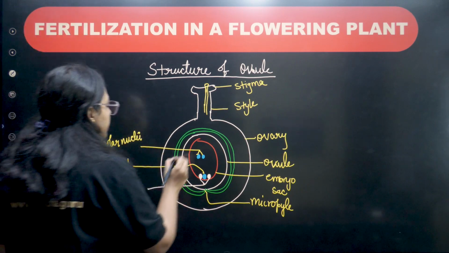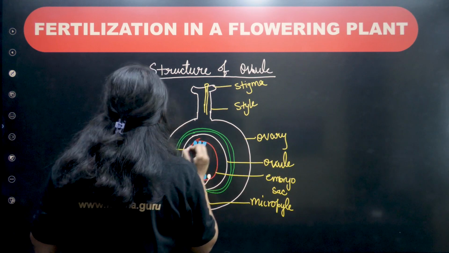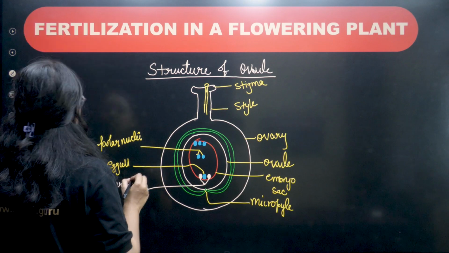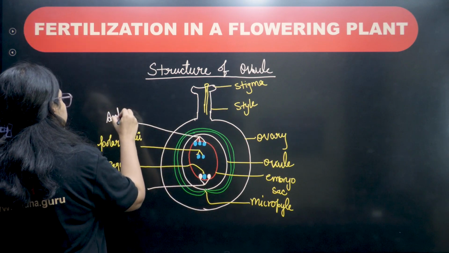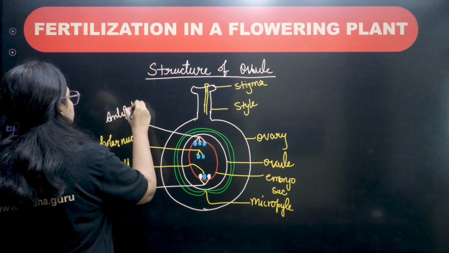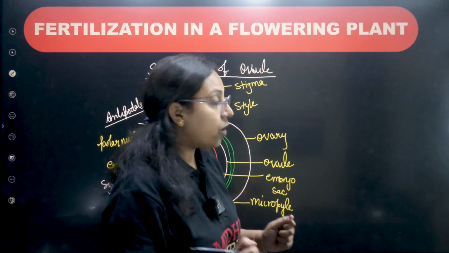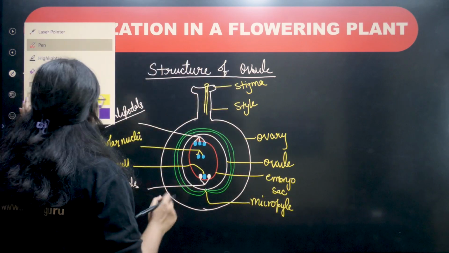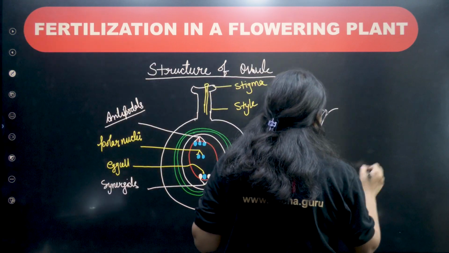And then there are three more cells on the top. These are not that important, but they are important for providing nutrition. These are called antipodals. I hope this is very clear. Now let's understand how fertilization takes place. For that I'm making this figure a little more magnified for better understanding.